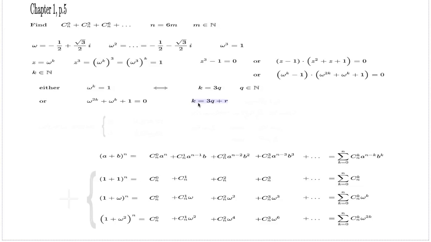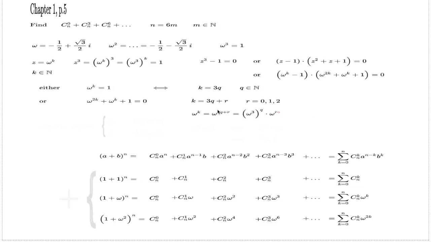If I divide k by 3, then I have my quotient, which is q, and I have my remainder, which takes only these 3 possible values, 0, 1, and 2. Now, if I take my omega to the power k and substitute this expression for k, then I will have something like this. If I quickly use the properties of powers, that's how it can be transformed, right?